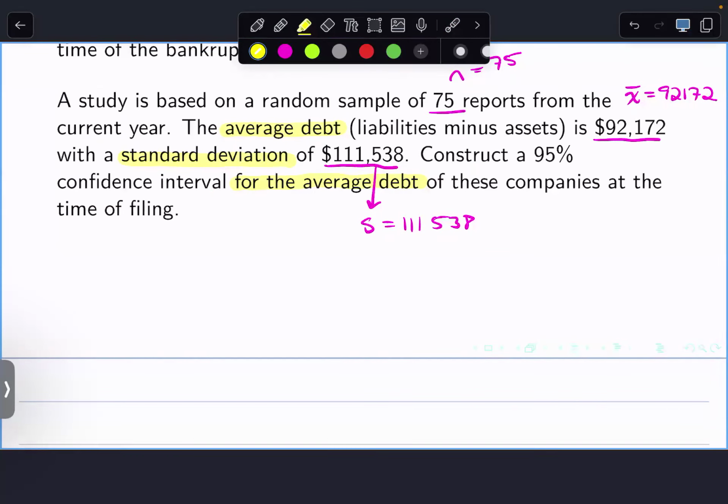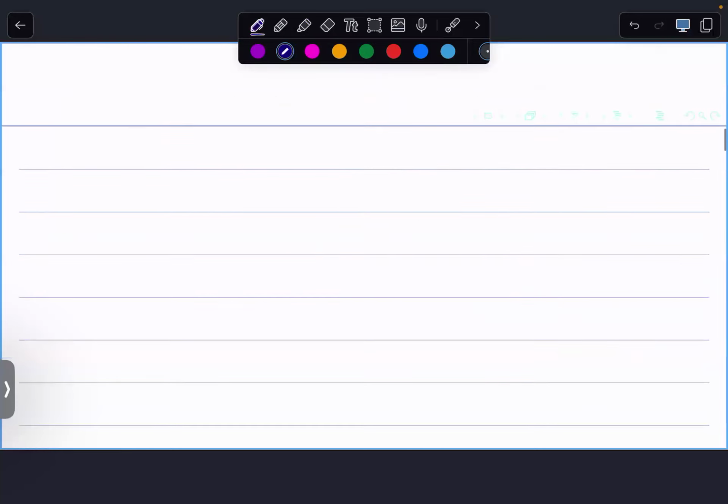Okie dokie. Here we go. From our formula sheet, I'll write it on a fresh page here. We have a confidence interval for mu is X bar plus or minus t star at n minus 1 degrees of freedom. Now, often I don't write that subscript n minus 1.